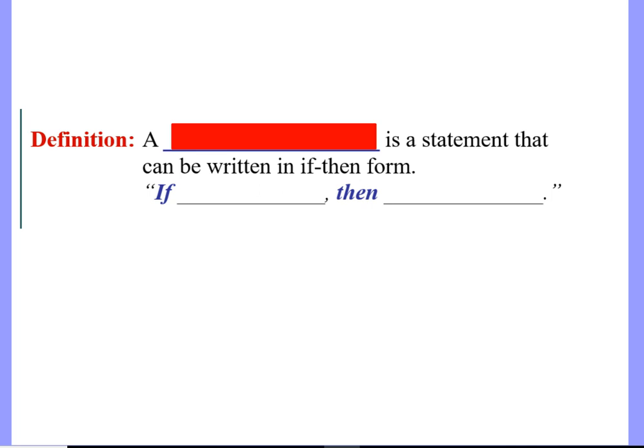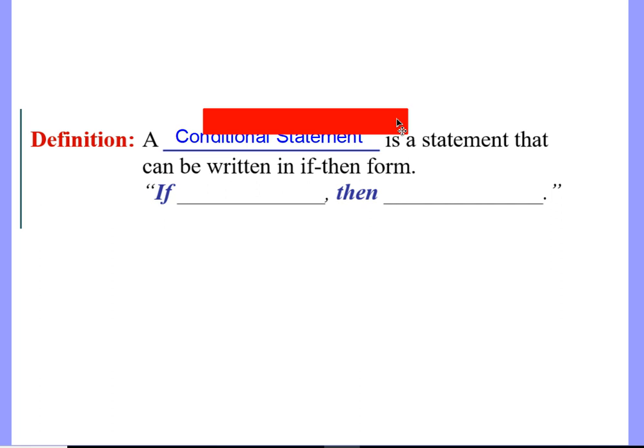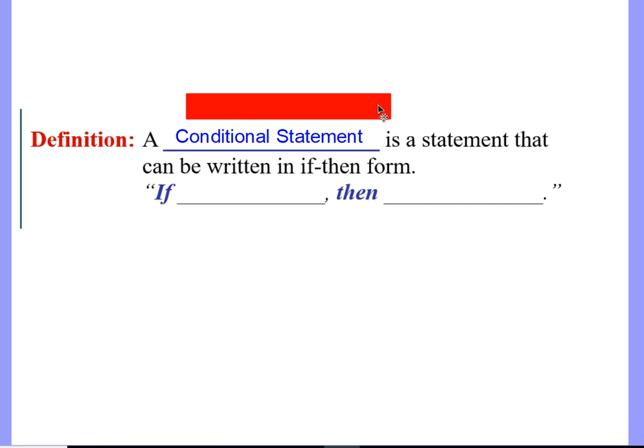Remember, this is all about conditional statements, and it's all about logic and reasoning and understanding where the actual common sense comes from with a lot of things, but also where the evidence comes from when you're backing yourself up based on an argument. And so in our first definition, a conditional statement is simply a statement that can be written in if-then form.